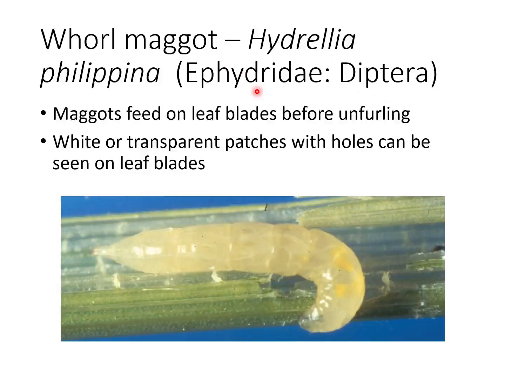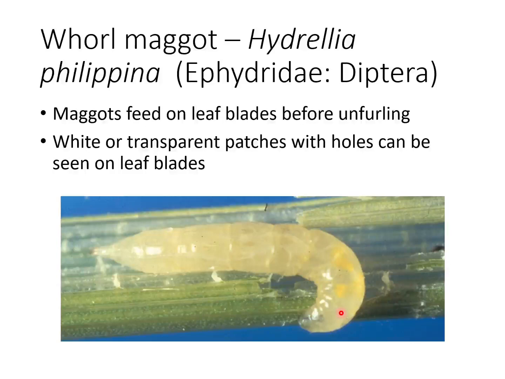The damage is typical. You can see the maggot feeds on the leaf blade before it unfurls. That means when the leaf is coming out of the plant, when the leaf is remaining rolled up before unfurling, the maggot feeds on this leaf blade.